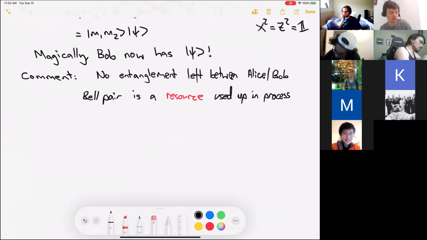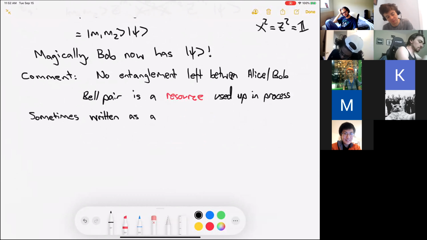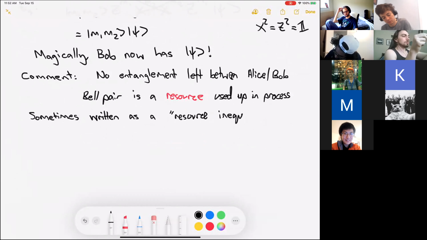So this process of quantum teleportation is sometimes written as an inequality, a resource inequality, where we say the following.